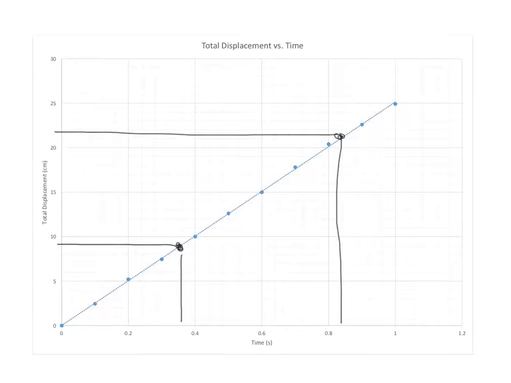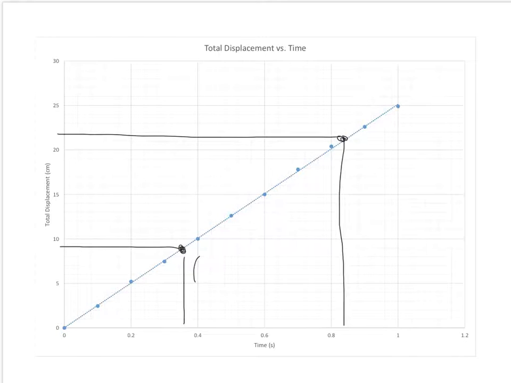This first dot right here has the data point 0.36 seconds and 9 centimeters. This next data point is 0.84 seconds and it looks like 21 centimeters. Now that I have those data points, it's simple to find the slope, right? Which is just rise over run, or the change in y over change in x.